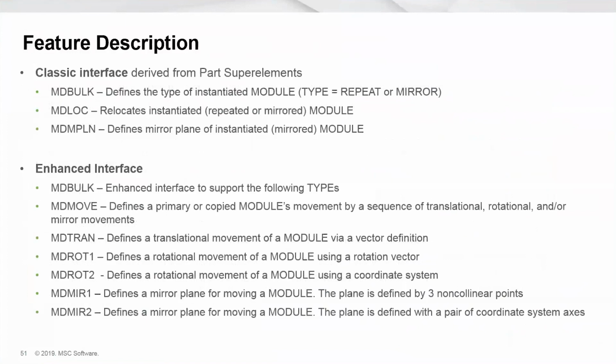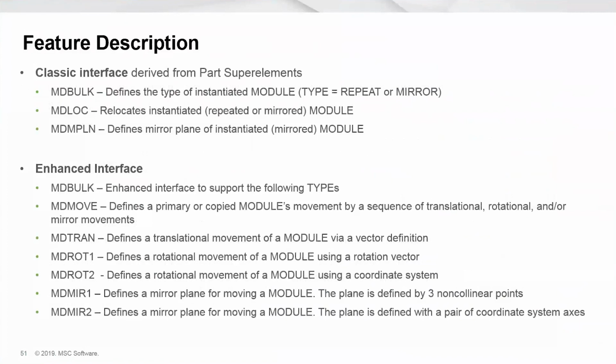The feature description: we have two interfaces here, not to confuse you. The original interface is very similar to part superelements, so if you're a heavy user of part superelements, you may prefer that classic interface.